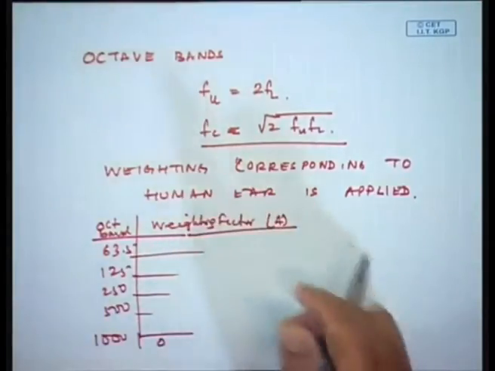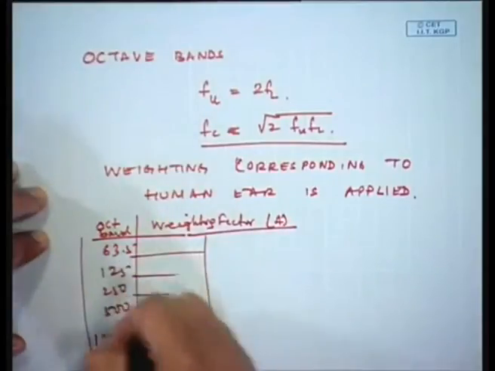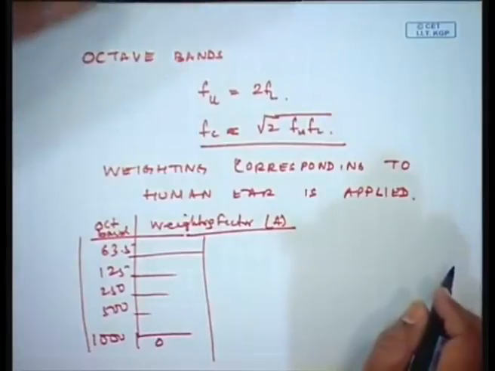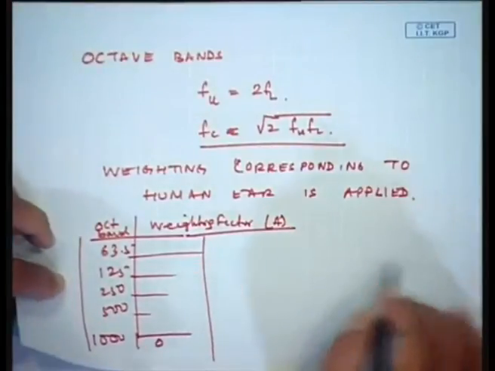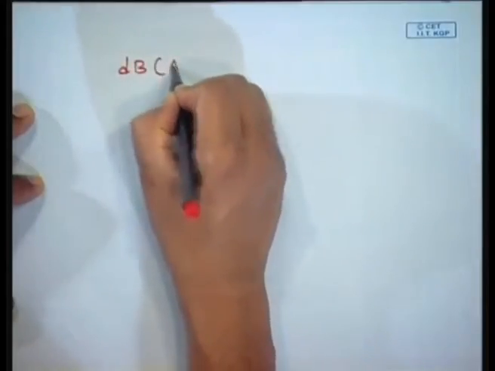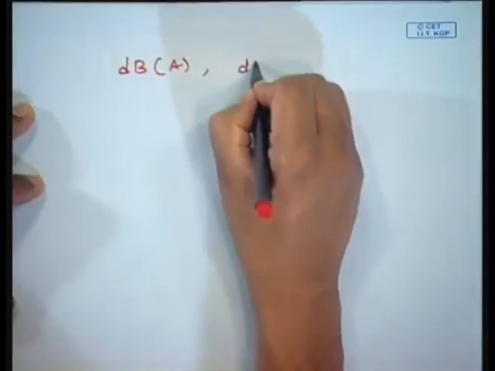So, there will be a subtraction. These weighting values are applied to the frequency spectrum obtained from the SPL, and then we get what is known as the dBA.